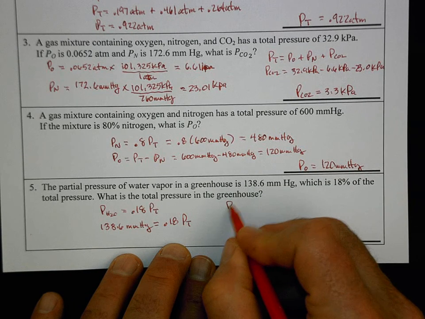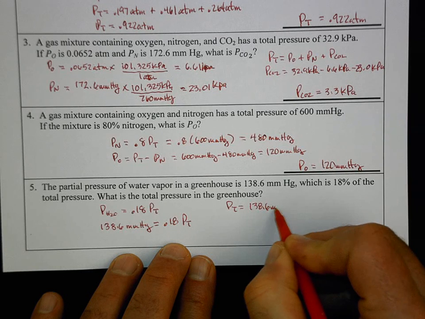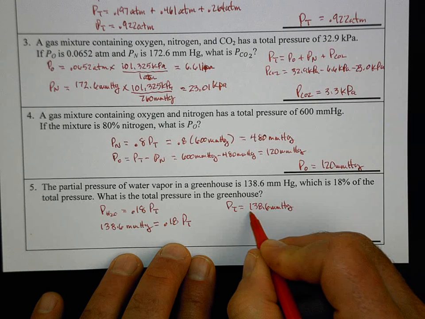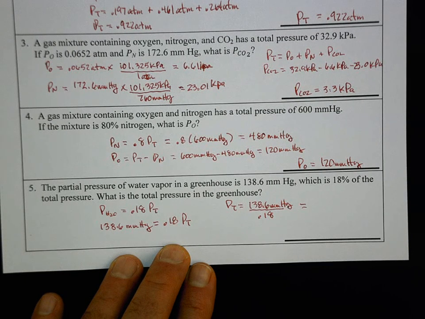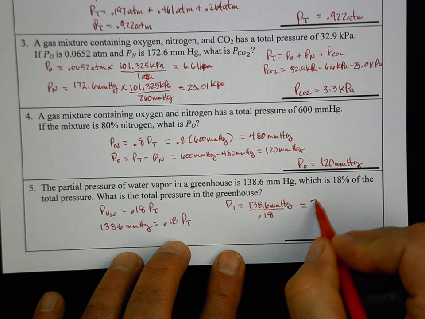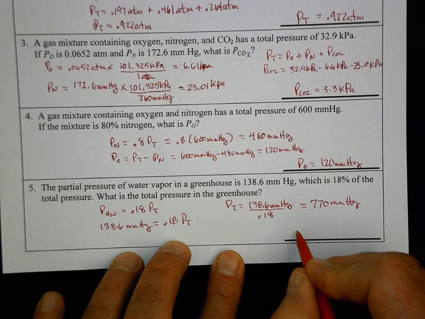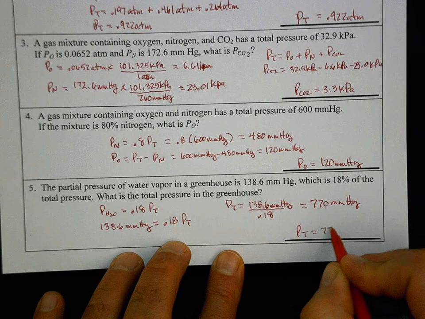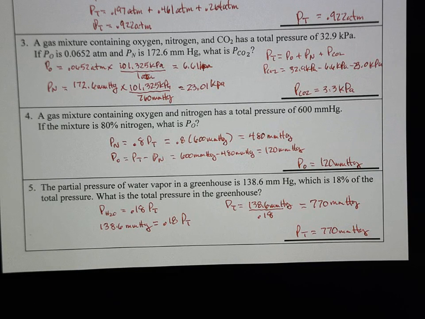So the total would be the 138.6 over the 0.18. Which is 770 millimeters of mercury. Any questions?